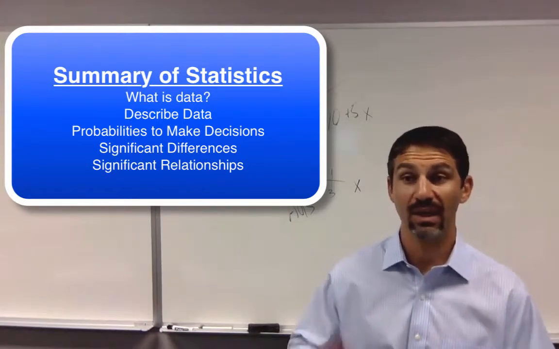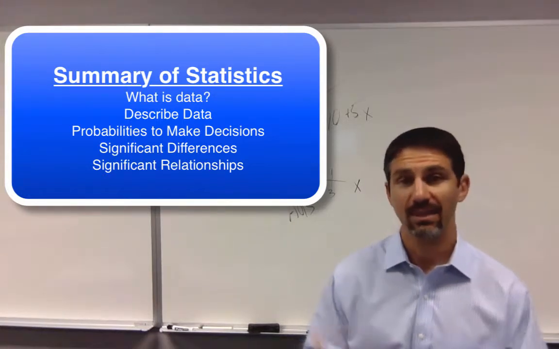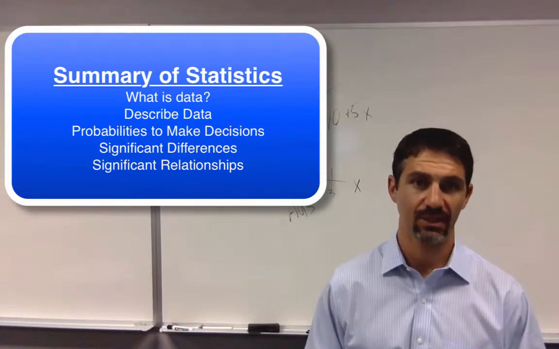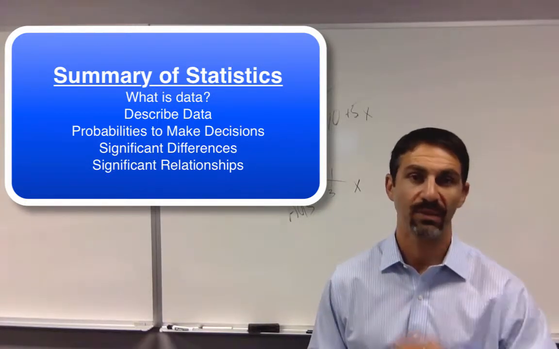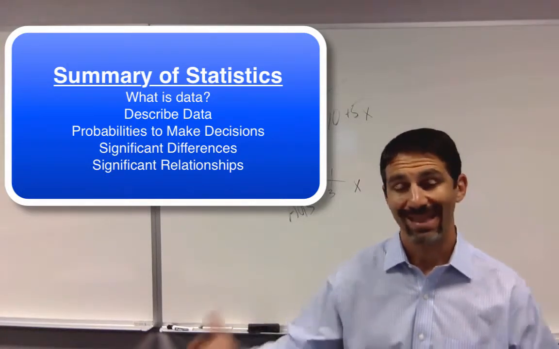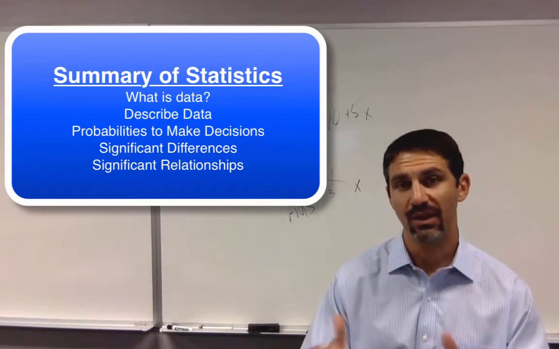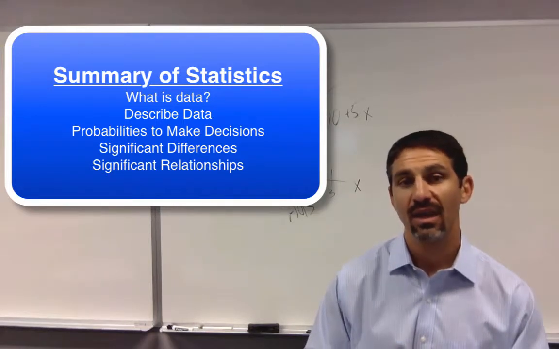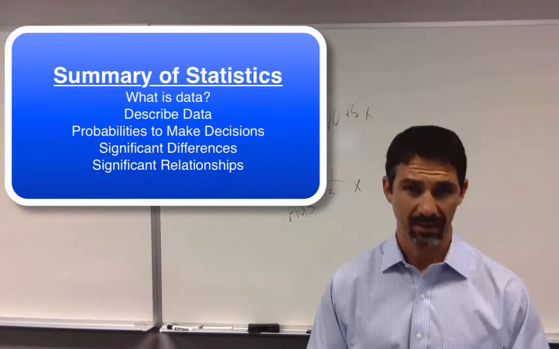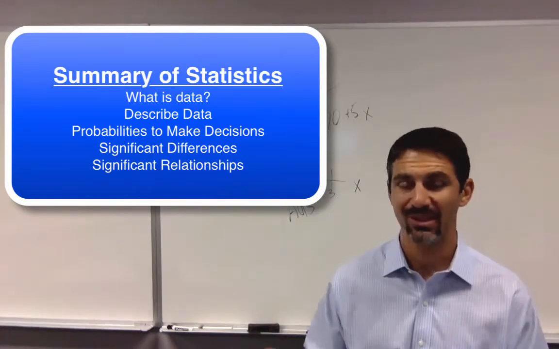Is it good enough? What is actually happening out there? That's what we did in the last few chapters. And then finally, do we have relationships with our data? That's what we finished up with here. And that's statistics for what we want you to understand in a business course. Hopefully this gives you a good snippet of what you really need to know when it comes to statistics.